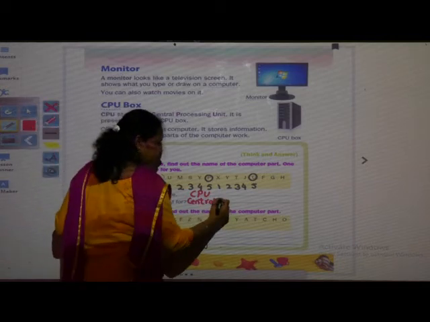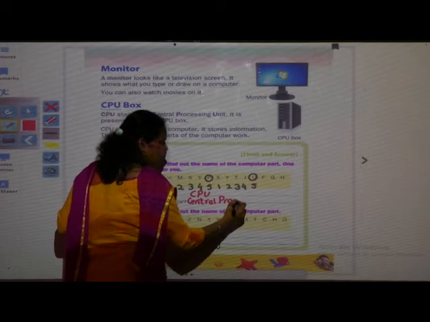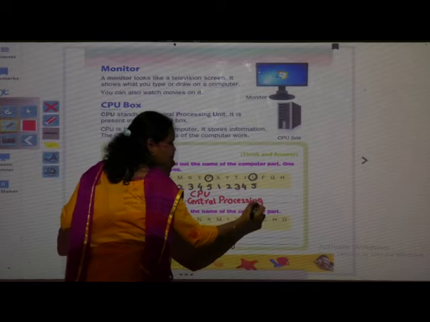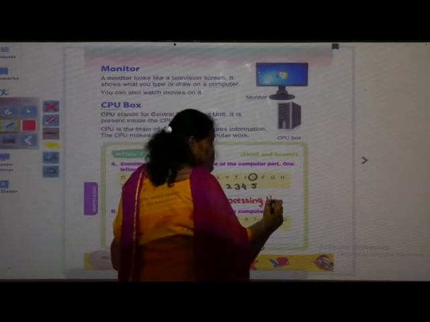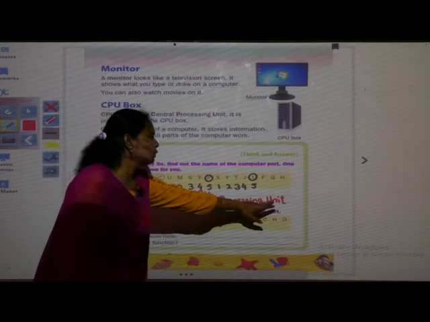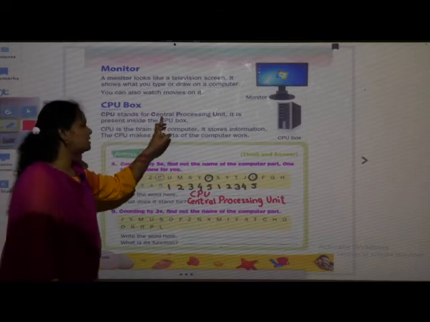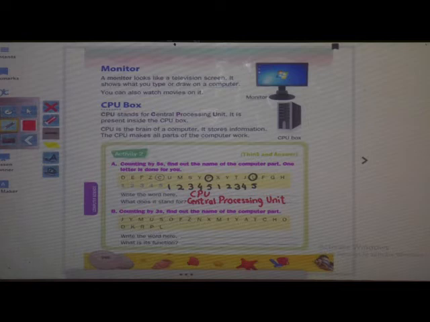Processing, P-R-O-C-E-S-S-I-N-G, processing, and then Unit, capital U-N-I-T, unit. Central Processing Unit. If you are unable to spell, it is written up here, Central Processing Unit, you can see and write, but you have to learn the spelling. You have to learn the spellings. Okay, write it fast.